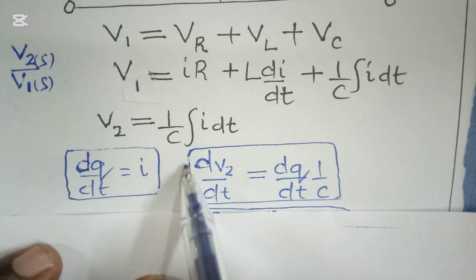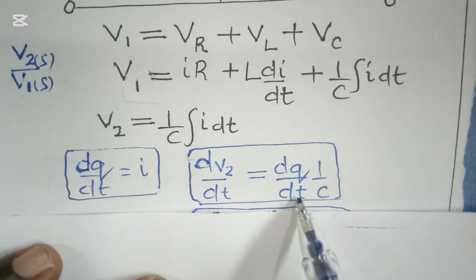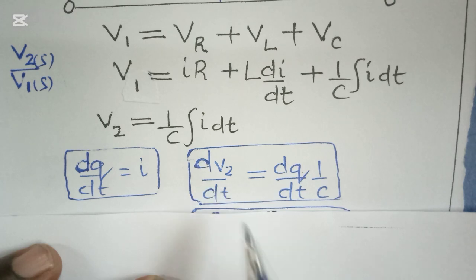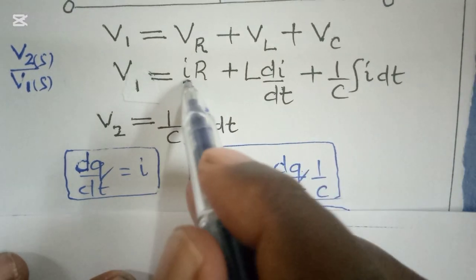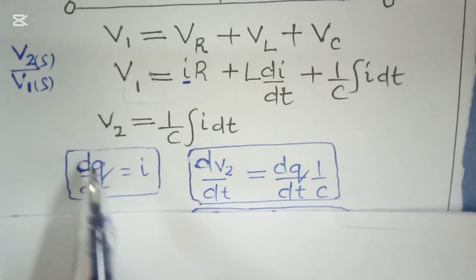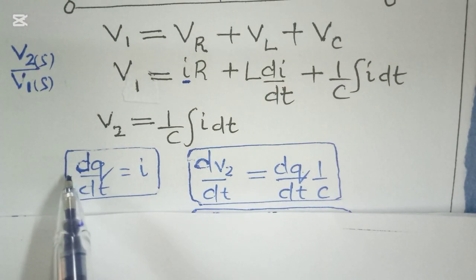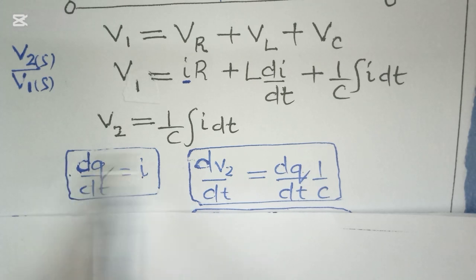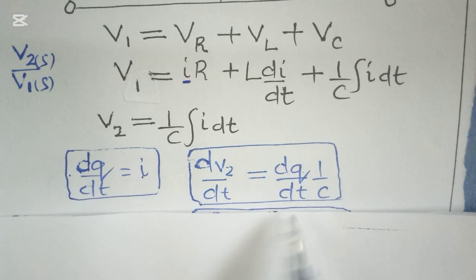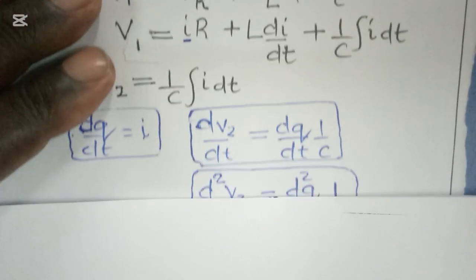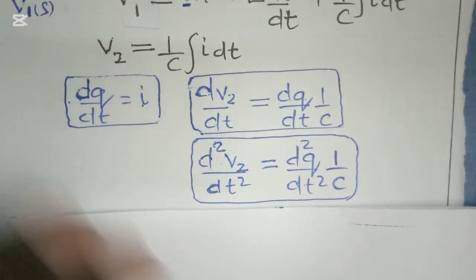Remember, when we bring C here, dq/dt equals C dV2/dt. That is for I. Now going to di/dt, we need to differentiate again. You can leave this one alone, and differentiate this side and this side, and so we shall have something like that.